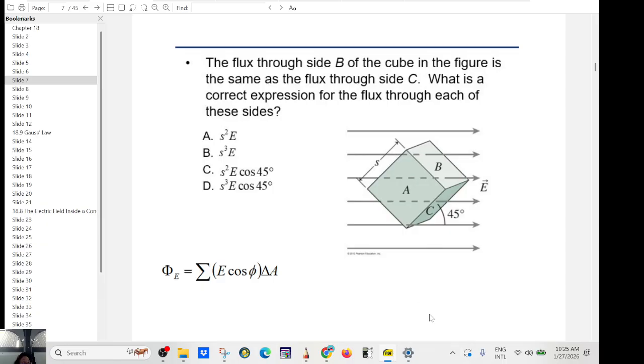So in that case, what do they want? Just use the definition. You are looking at the face C here. Just focus on C. So the total flux through the cube, a bag in the shape of a cube, of course is going to be zero. But I just want the flux through that face here.